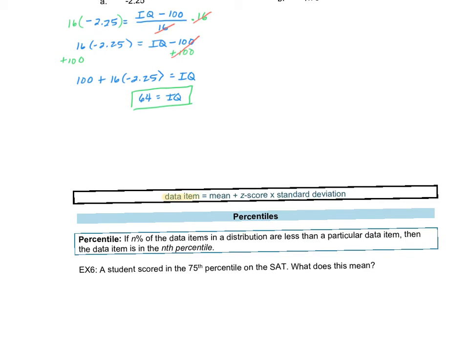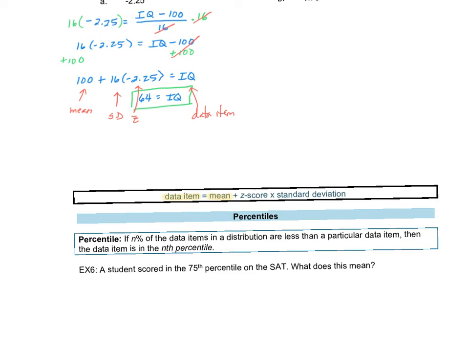Whenever you're trying to find the data item, it's going to be the mean, which in our case was 100, plus, and in this case, I had my standard deviation, and the negative 2.25, that's my z-score, and the IQ is my data item.